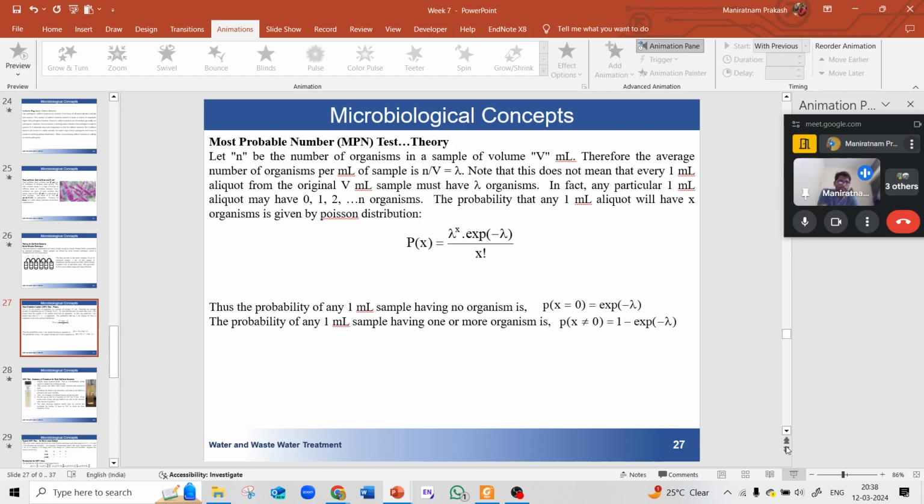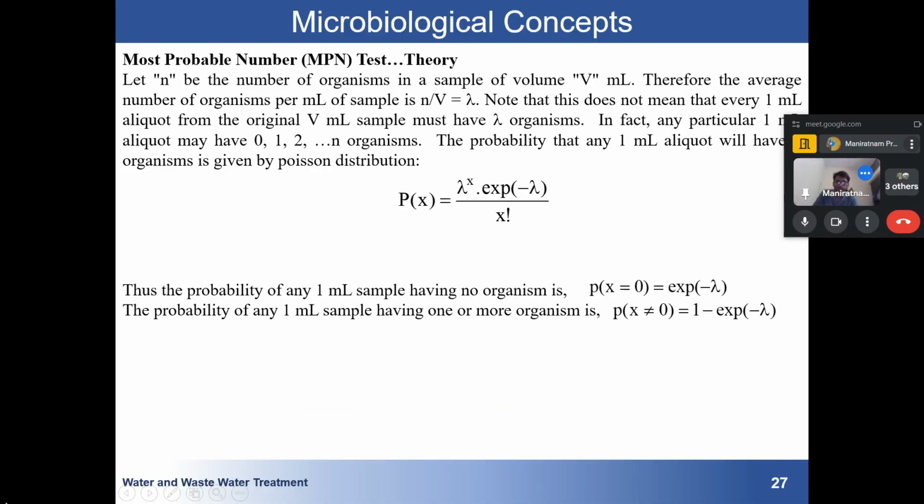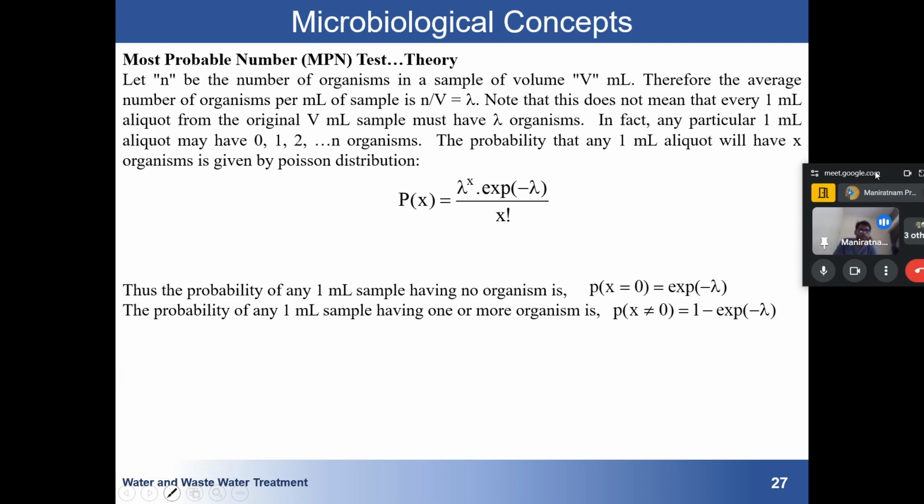I hope you can see my screen now. What I was saying is that if n organisms are present in V ml of sample, then the number of organisms per ml is given by n by V, represented by lambda.